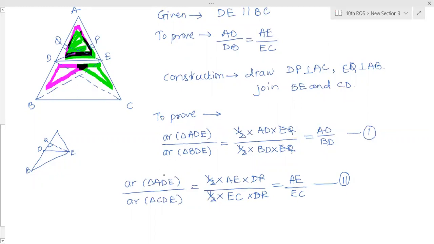The numerator, area of triangle ADE, is the same in both, but the denominators are area of triangle BDE and area of triangle CDE. How can we show them equal?